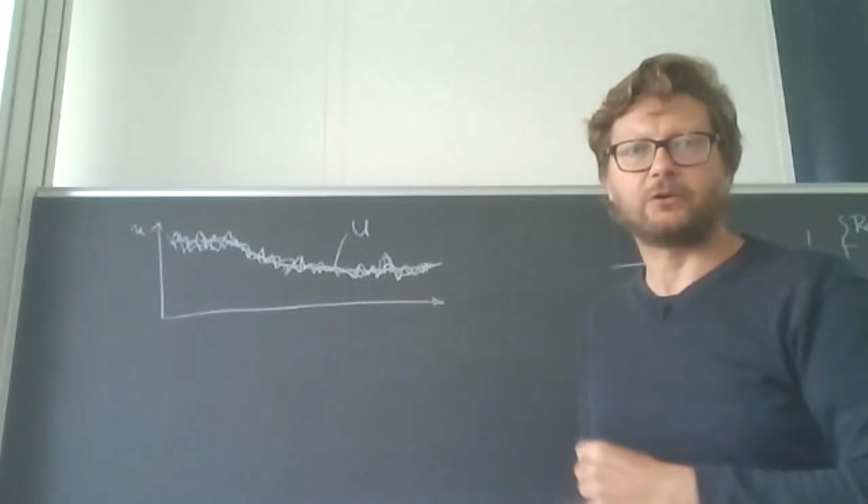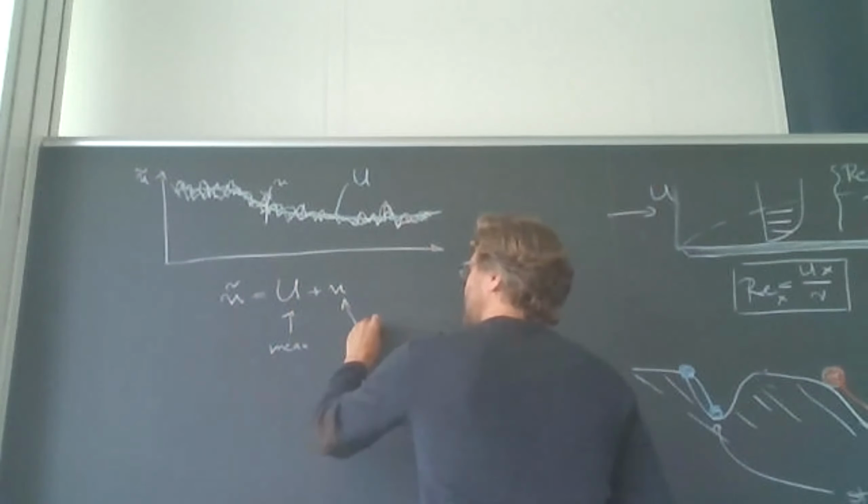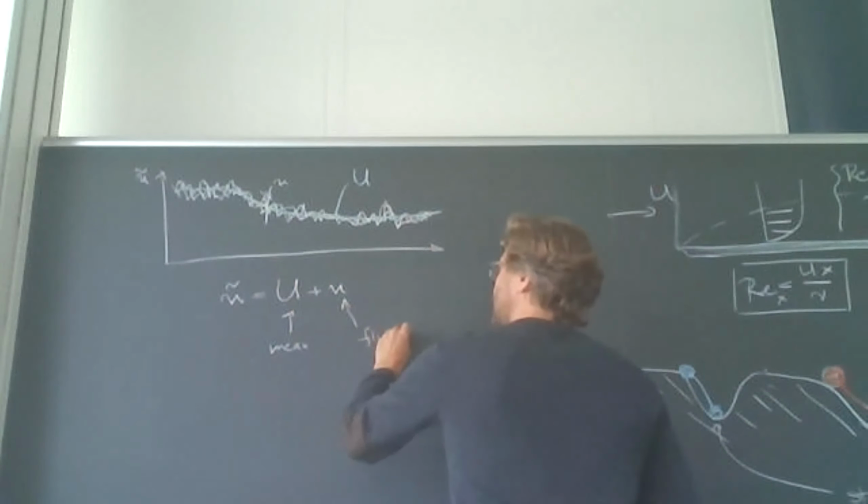So we will decompose our measurement u tilde into a mean flow plus fluctuations. Mean and fluctuation.